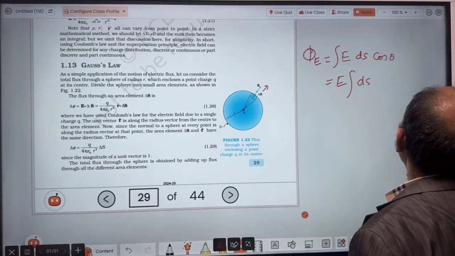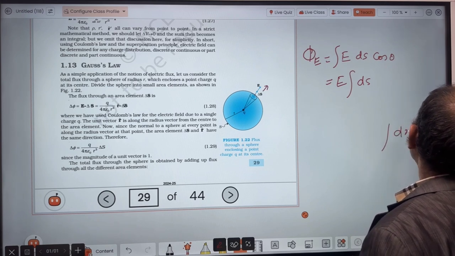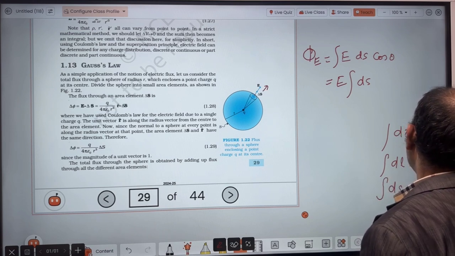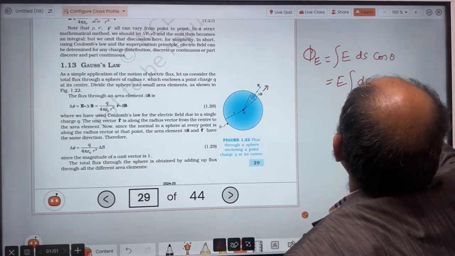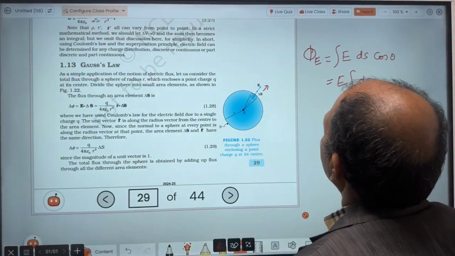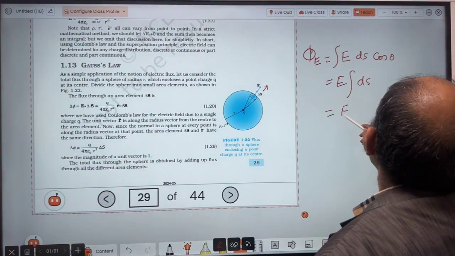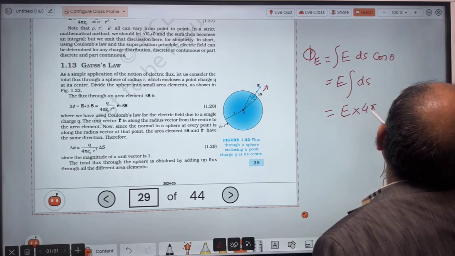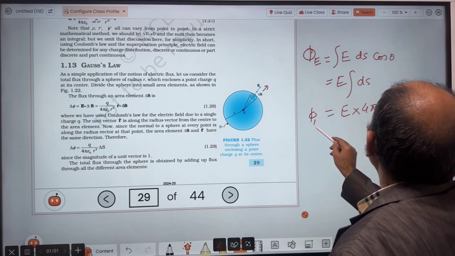If you remember, integration dx gives x, integration dl gives l, so integration ds, if s is surface area, will give surface area. So here ds is the surface area of the figure, and the figure is a sphere that contains charge q. So we can say it is E times the surface area of the sphere, that is 4 pi r square. This is phi E.